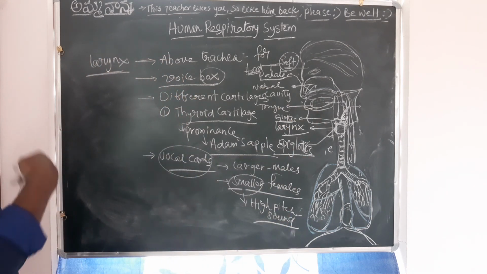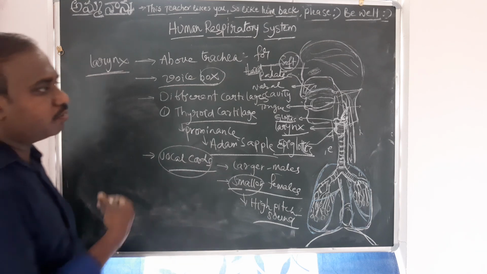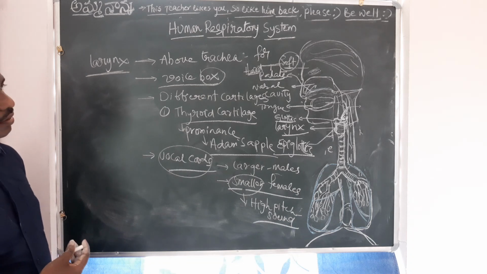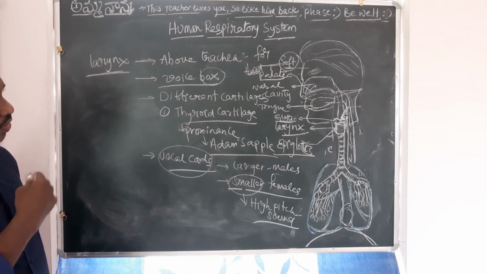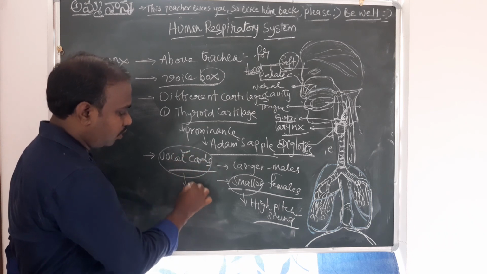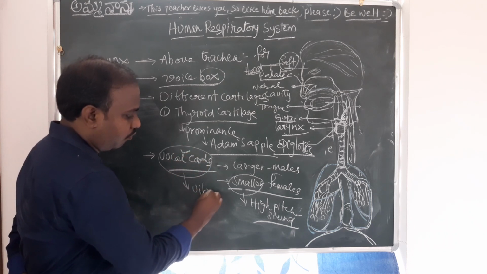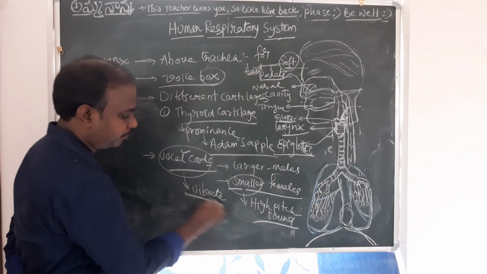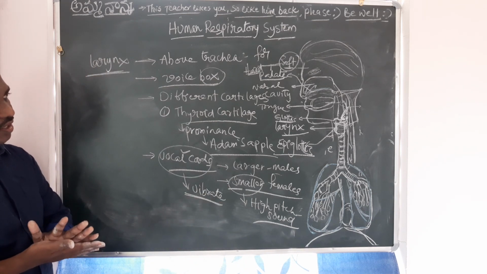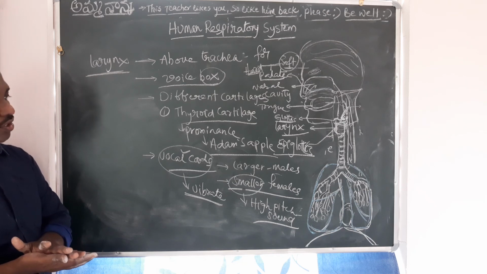And how is the sound produced? When sound is being produced, these vocal cords vibrate, right? There is vibration of these vocal cords. As a result of that, sound is produced.